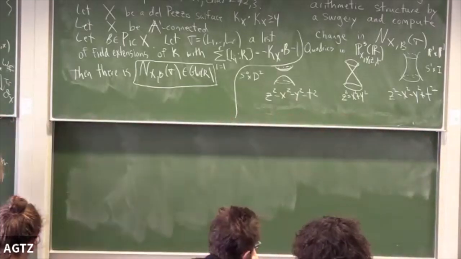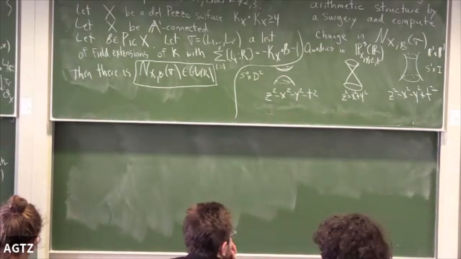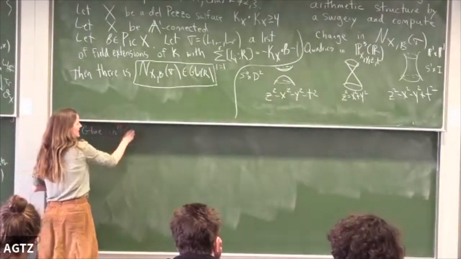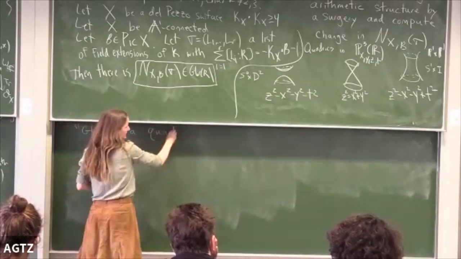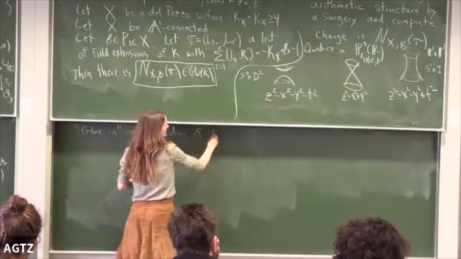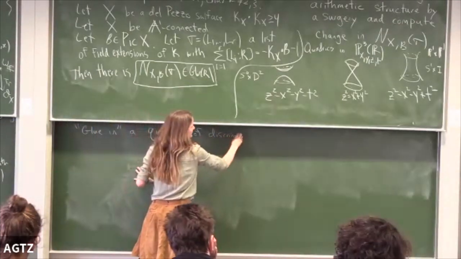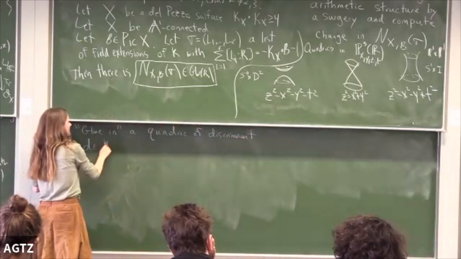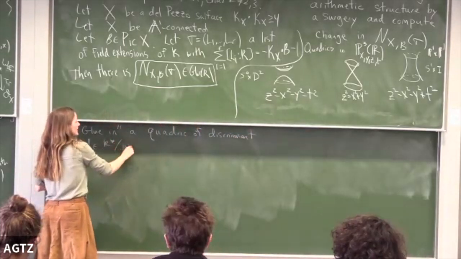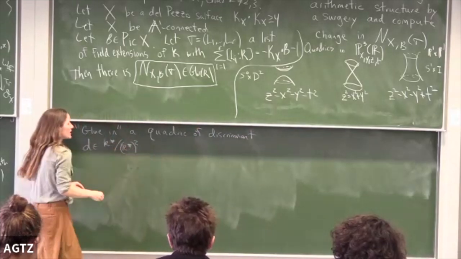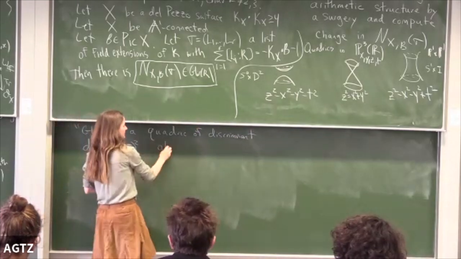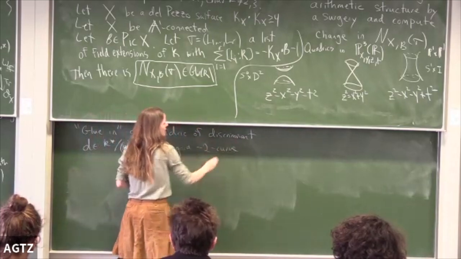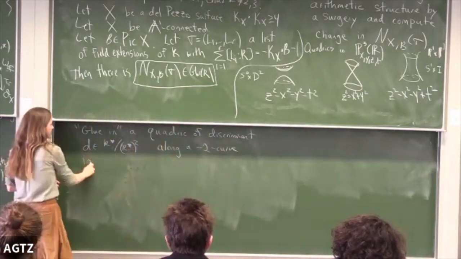So let's glue in a quadric of discriminant D and K star over K star squared along a -2 curve in what's called a weak del Pezzo.